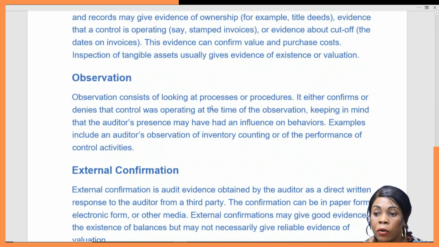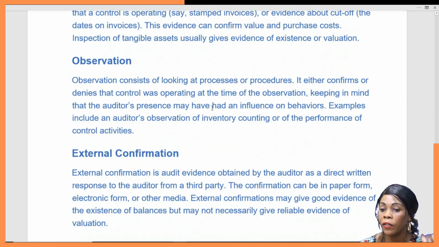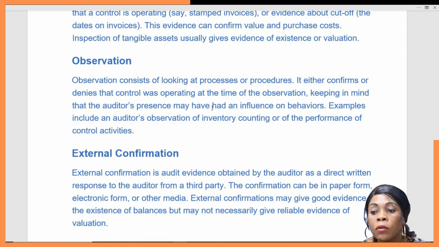Another audit procedure is observation. Observation consists of looking at the processes or procedure. It either confirms or denies that the control was operating at the time of the observation, keeping in mind that the auditor's presence may have had an influence on the behavior while the observation was being carried out.